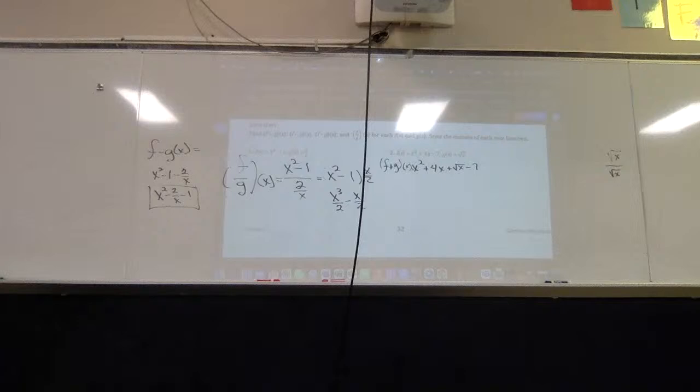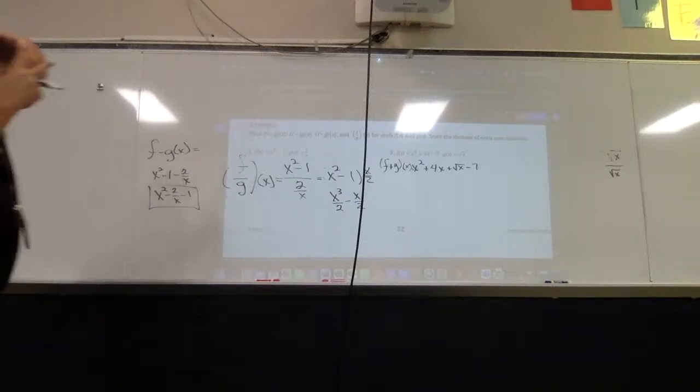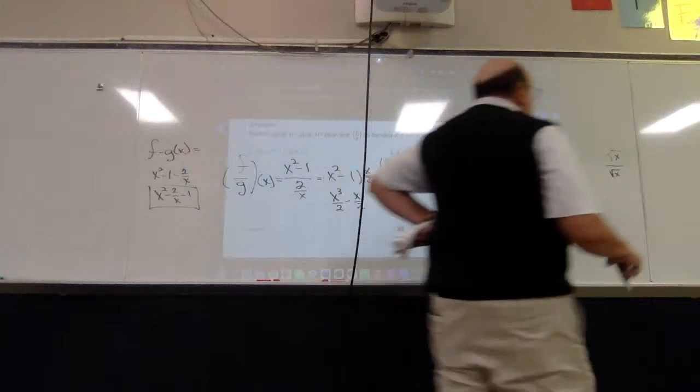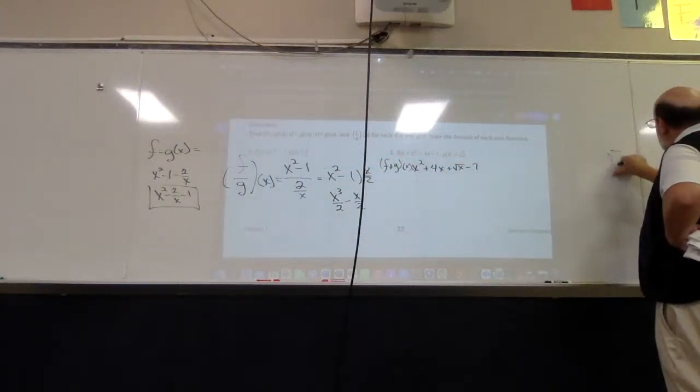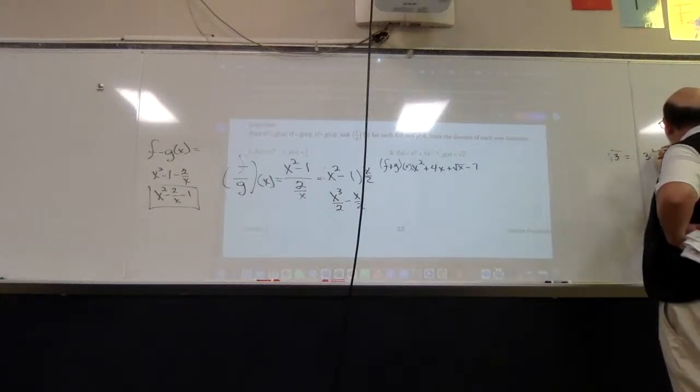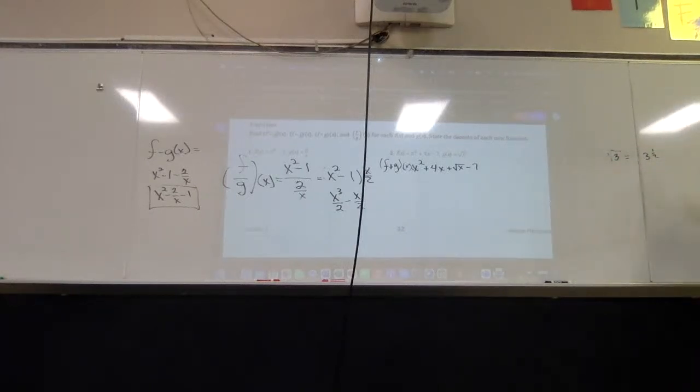One half, one half, one half. So root 3 could also be written as 3 to the 1/2 power. Same thing.